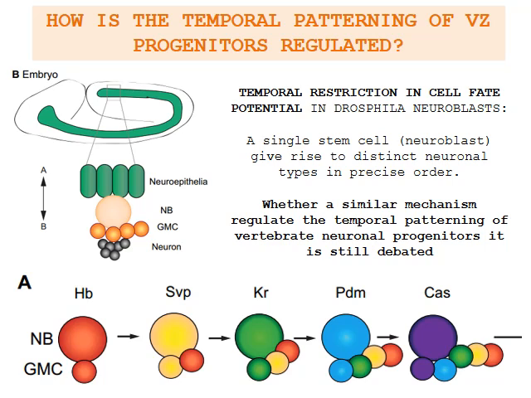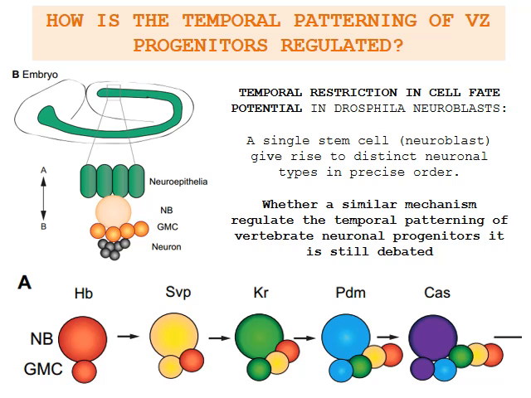As you should have already heard from Silvia, in Drosophila it is well demonstrated that a single neural stem cell or neuroblast can give rise to multiple cell types in a precise, ordered and tightly regulated sequence. In this species we are also beginning to understand the molecular mechanisms that regulate this temporal patterning.